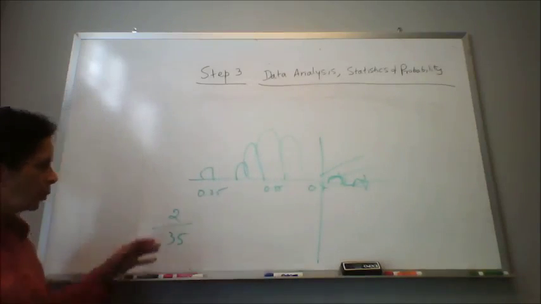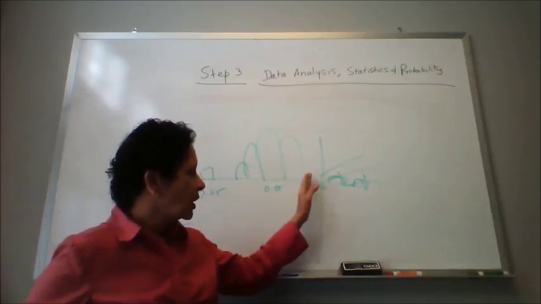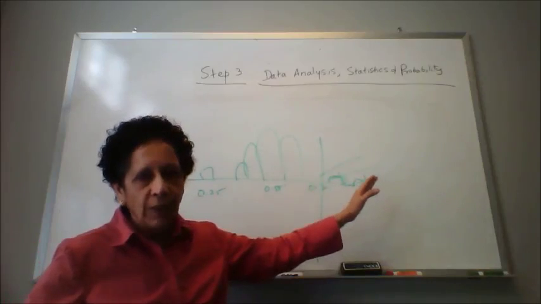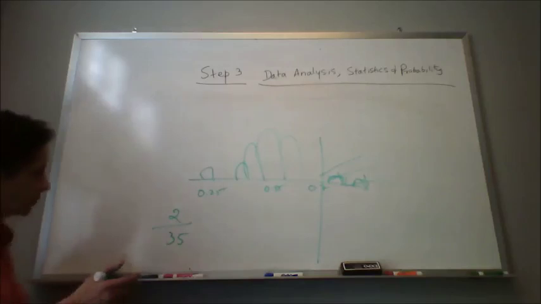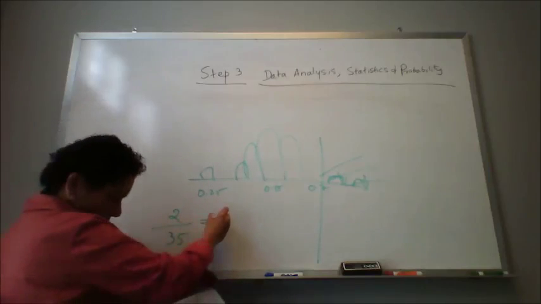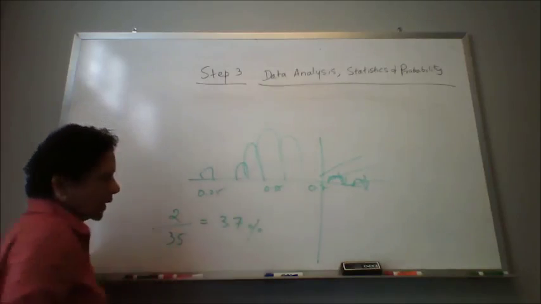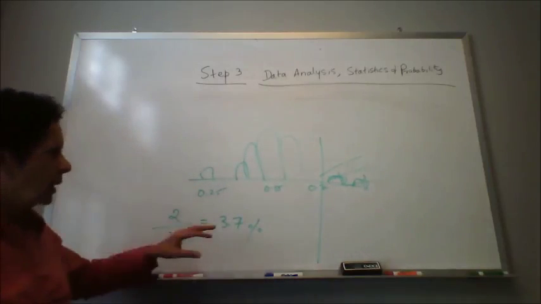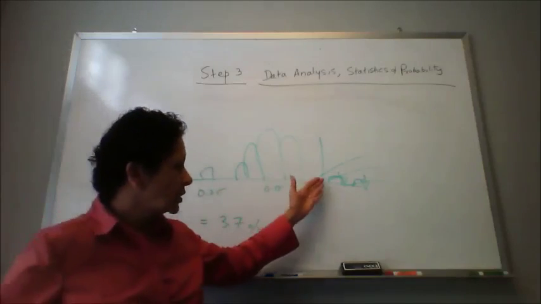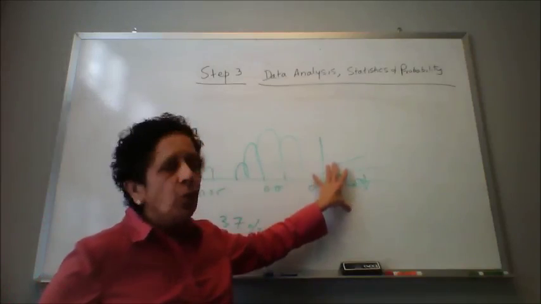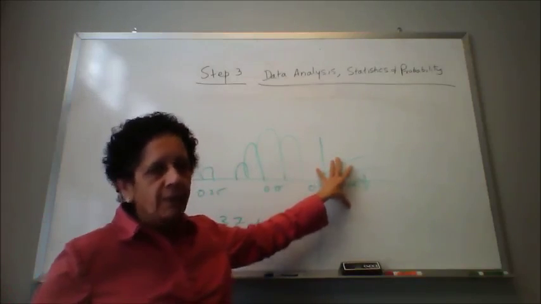So 2 people out of 35 people had a reaction time of more than 0.7 seconds. So the percent is 2 out of 35, which is 3.7%. So one way to say that is that 3.7% of the teenagers' reaction time is more than 0.7 seconds.